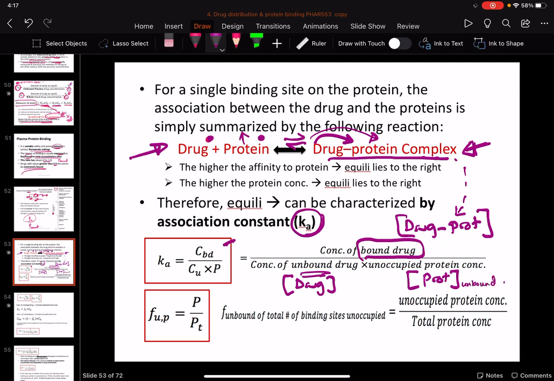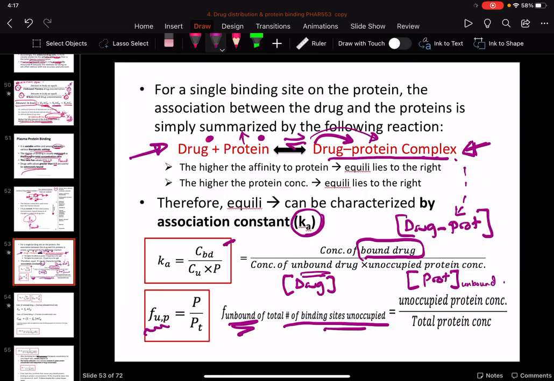This is the reactant. Can we determine the fraction unbound of the total number of binding sites on the protein? Yes, we can determine it, and don't be confused. This is the unbound protein, the fraction unbound of the protein total sites.